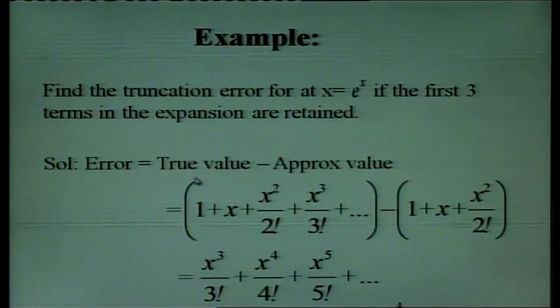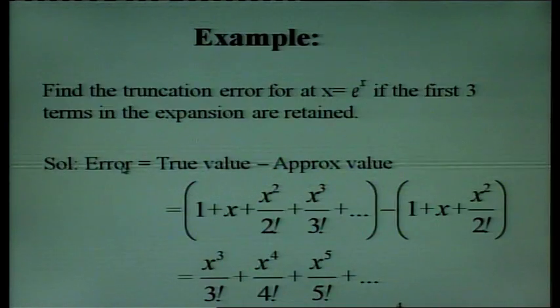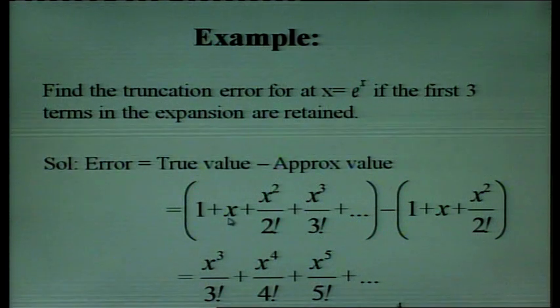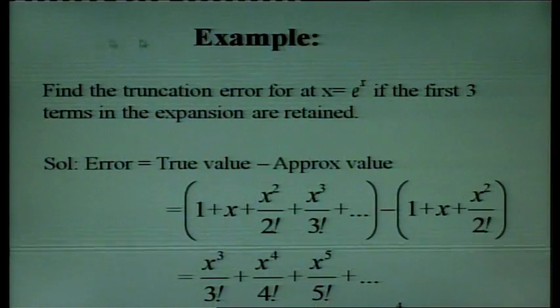We want to find the true value minus the approximate value, that is the error. The true value is 1 plus x plus x square by 2 factorial and so on up to infinity, while the approximate value, if we retain only 3 terms, is: first term 1, second x, third x square by 2 factorial.